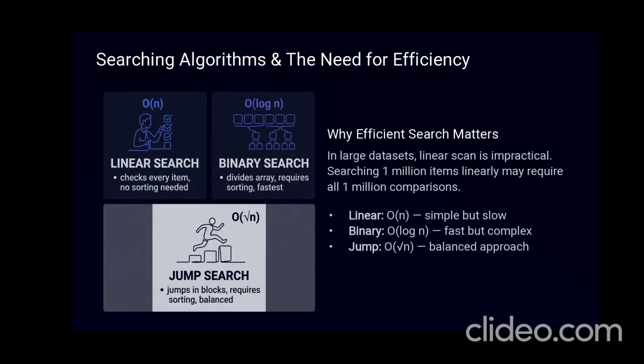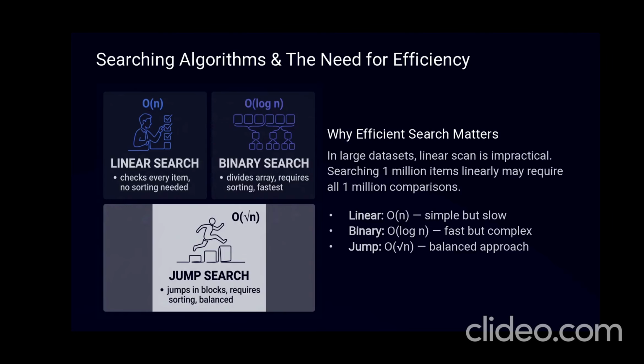Before learning jump search, let's understand why efficient searching is important. In large datasets, searching an element one by one can take a lot of time. For example, if we have 1 million records, linear search may need up to 1 million comparisons.